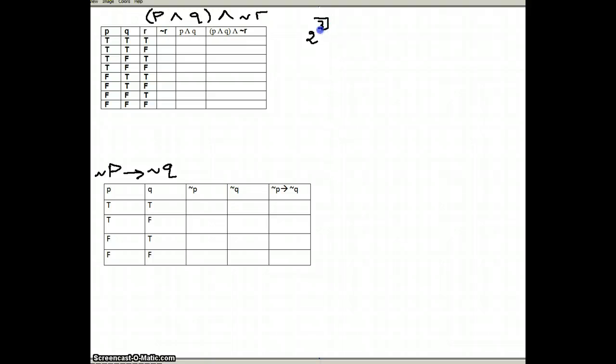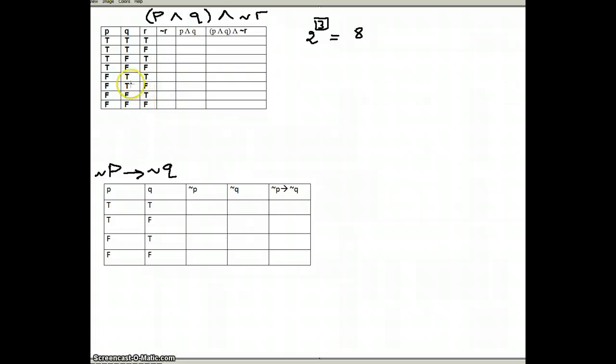That 3 comes from the number of statements, P, Q, and R. So we are supposed to have 8 rows. To make 8 rows, we start with P as true, true, true, true, false, false, false, false. Then with Q, we do true, true, false, false, true, true, false, false. And then R would be true, false, true, false, true, false, true, false.